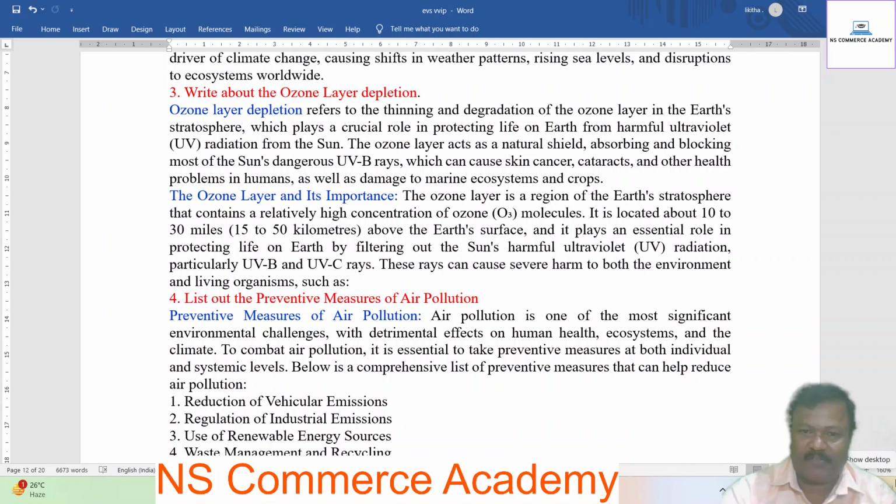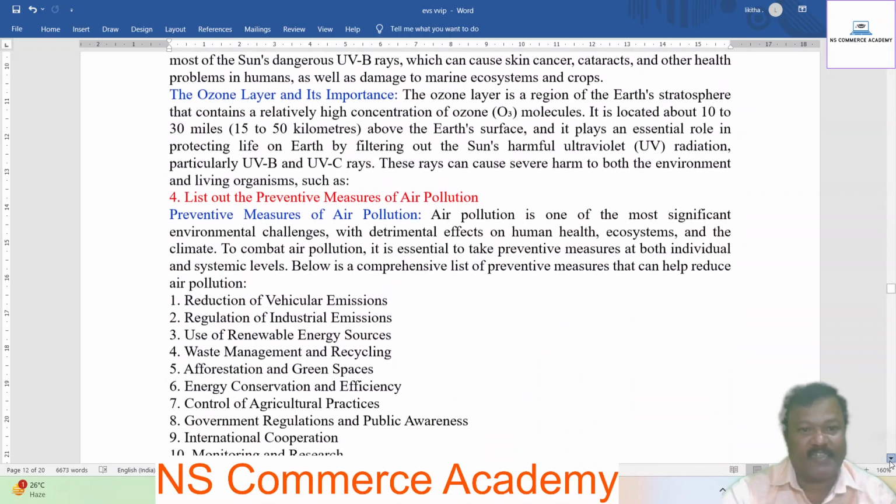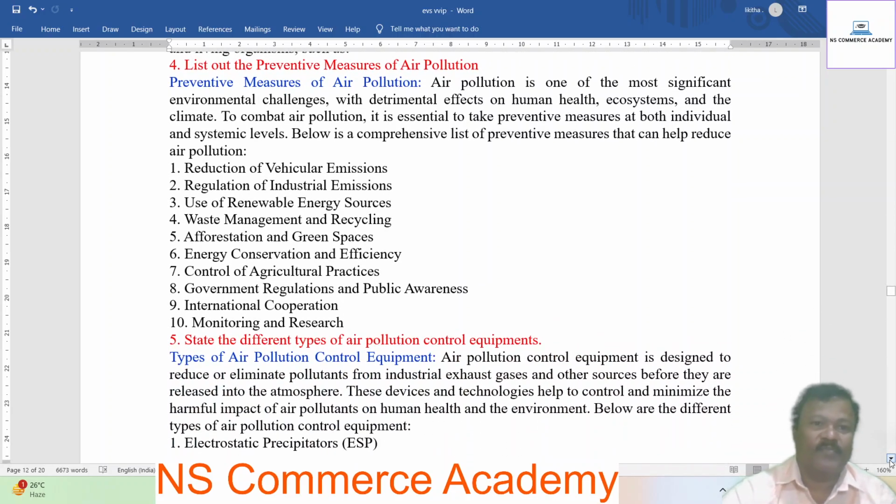Below is a comprehensive list of preventive measures that can help reduce air pollution: reduction of vehicular emissions, regulation of industrial emissions, use of renewable energy resources, waste management and recycling, afforestation and green spaces, energy conservation and efficiency, control of agricultural practices, government regulations and public awareness, international cooperation, monitoring and research.